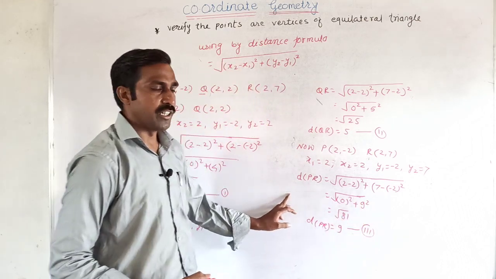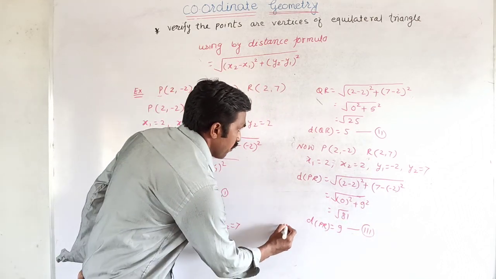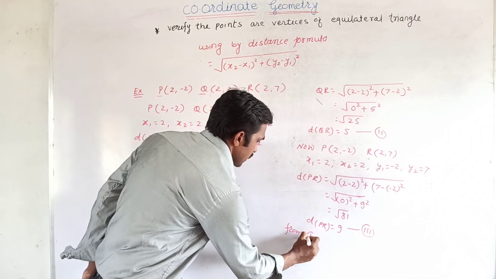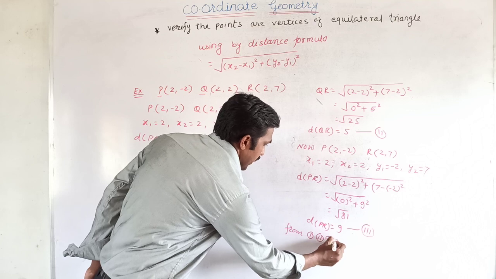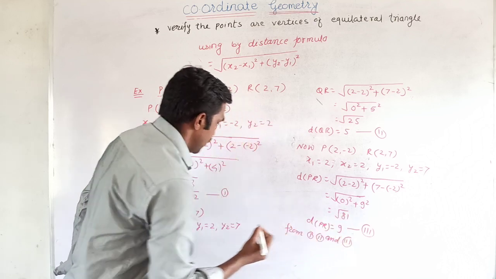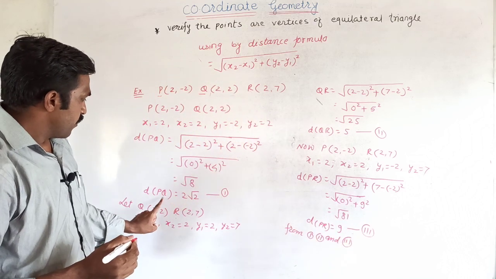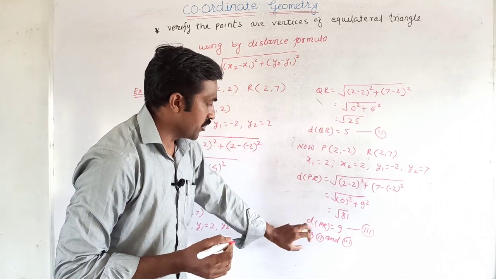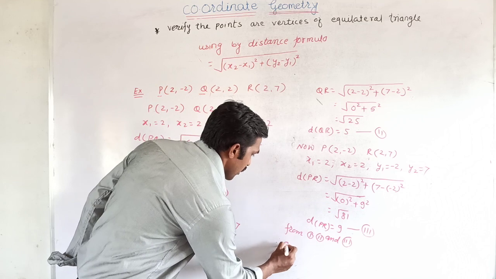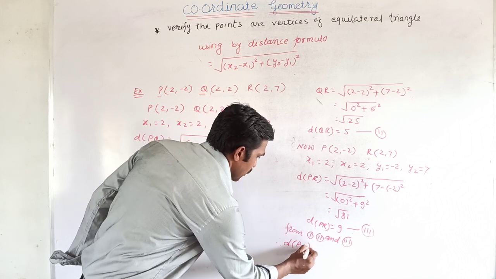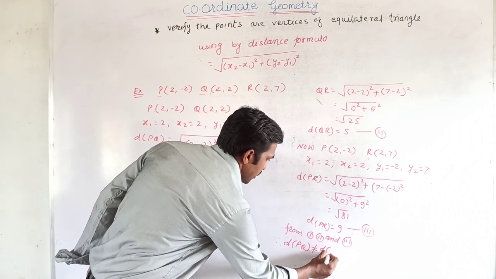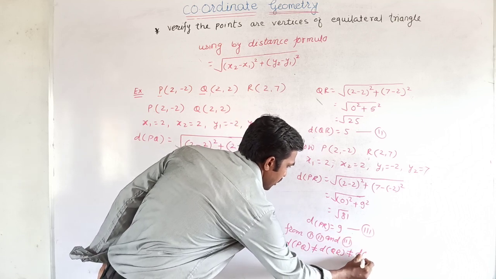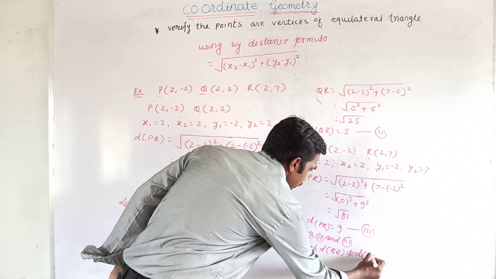Equation number 3. So from first, second and third, PQ is not equal to QR and is not equal to PR. So therefore distance of PQ is not equal to distance of QR is not equal to distance of PR.